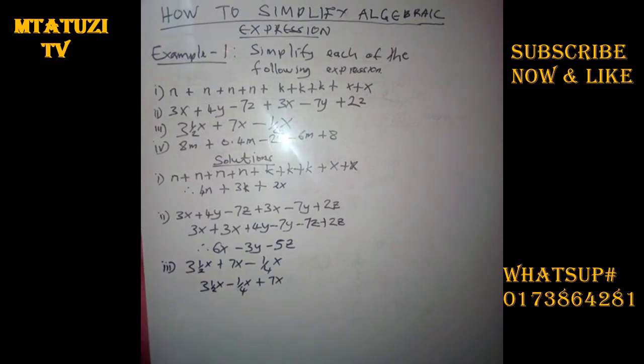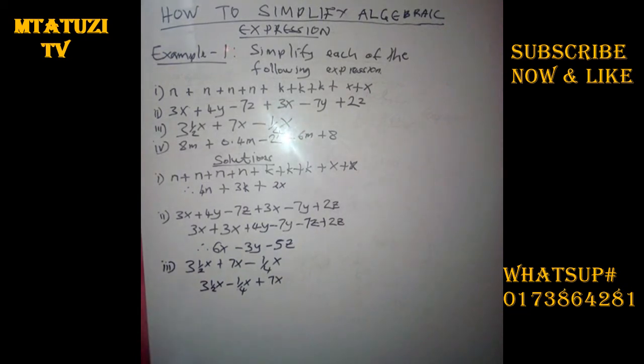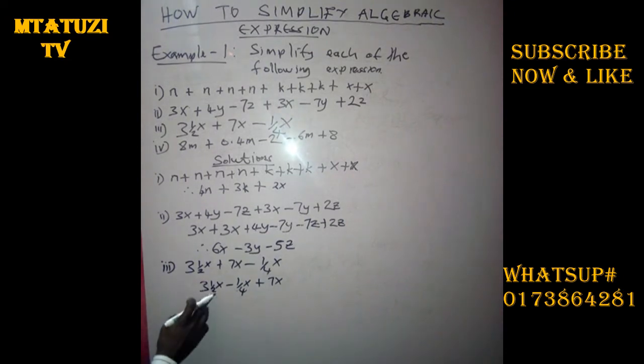In order to simplify, let's change 3.5x, which is in a mixed fraction, into an improper fraction, so that we can subtract it with that fraction. So we take 2 times 3, you get how much?